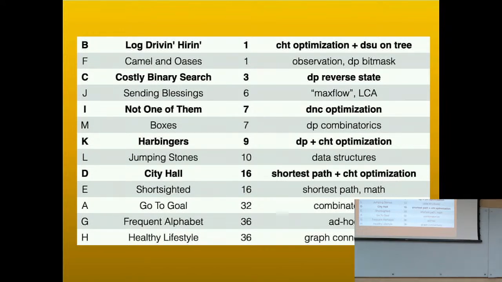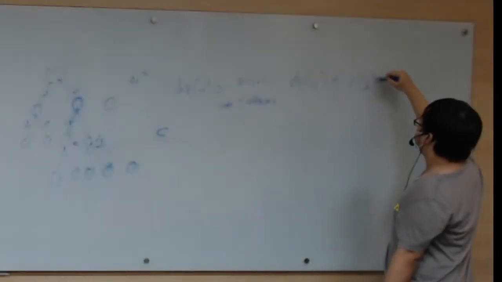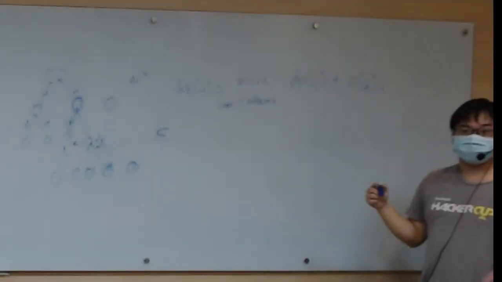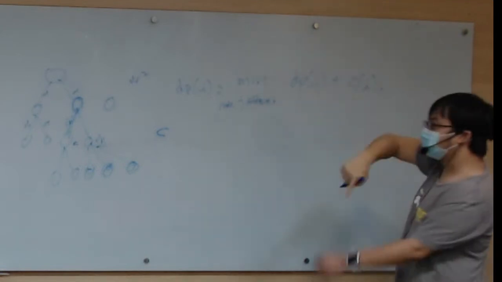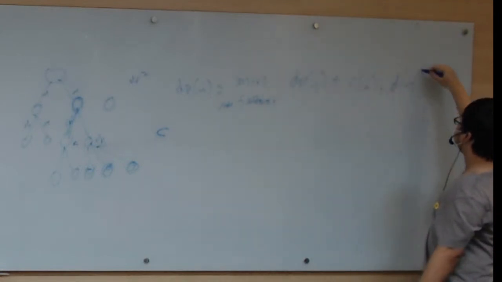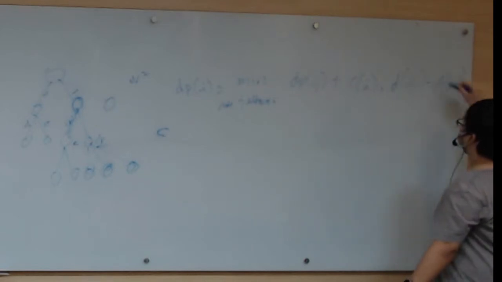To actually calculate the DP, the n square solution is just to check: basically dp[i] is the minimum over j in the subtree of i, j not i, of dp[j] plus the cost of i times the distance from i to j, right? That makes sense, right? And the distance from i to j, if d is the distance to the root, then d[j] minus d[i].